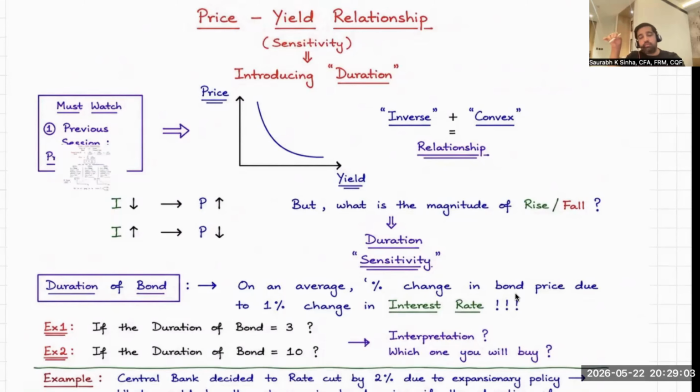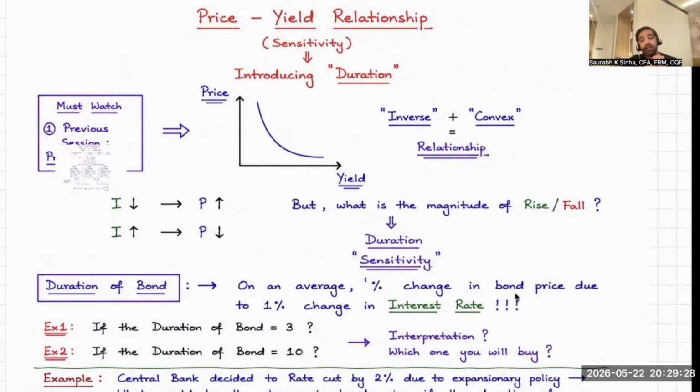We'll continue discussing the price yield relationship for at least the next 3 to 4 sessions, because this is one of the most important concepts in fixed income. But today's session is especially important because we are going to introduce a very critical concept in fixed income, which is duration.